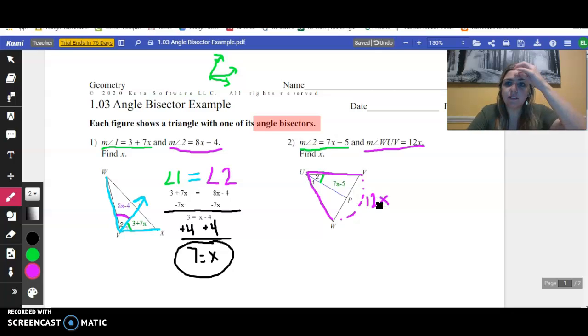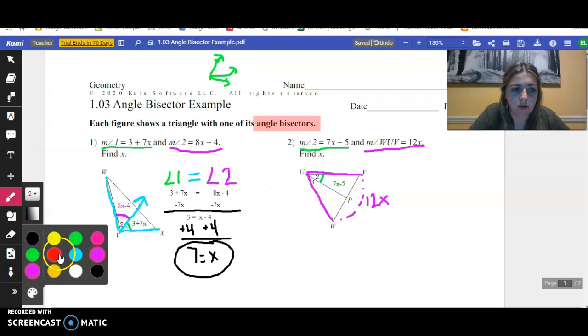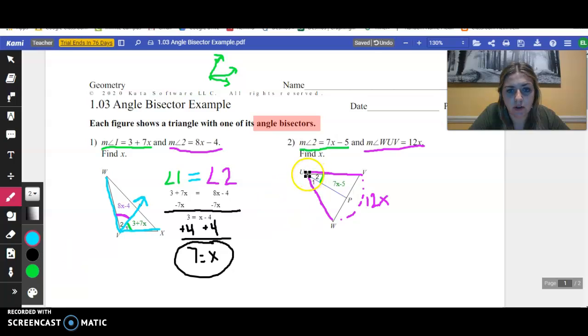Now I have to think back to what we talked about yesterday. If I were to describe the relationship between angle 2 and angle WUV, what would I say? What do I know about this angle bisector here in the middle, that's highlighted in blue?